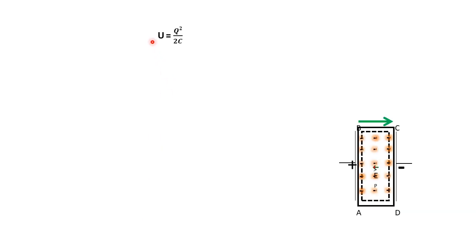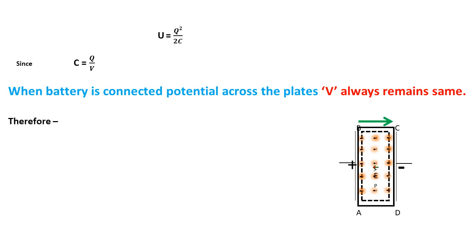And when dielectric material is inserted, then U is equal to Q square by twice C. Now C is equal to Q by V. C is going to change, because when dielectric material is inserted, C becomes KC naught, and Q, initially Q naught, will now be replaced by KQ naught, because V remains constant. The plates of the capacitor are connected with the terminals of the battery.